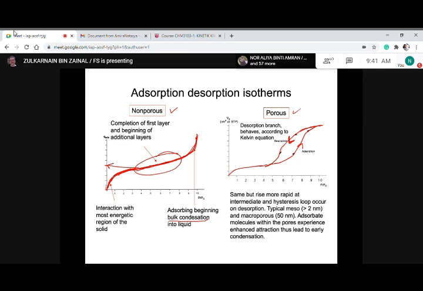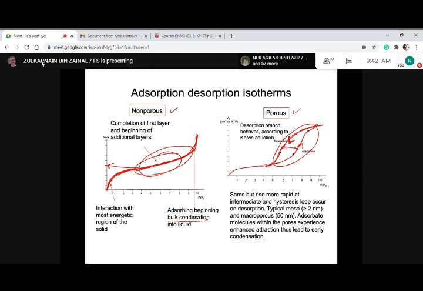So this is hysteresis, where there is a difference between the line for desorption and the line for adsorption. And for this case, there is no hysteresis, meaning that the line of adsorption and the line of desorption occur on the same line.